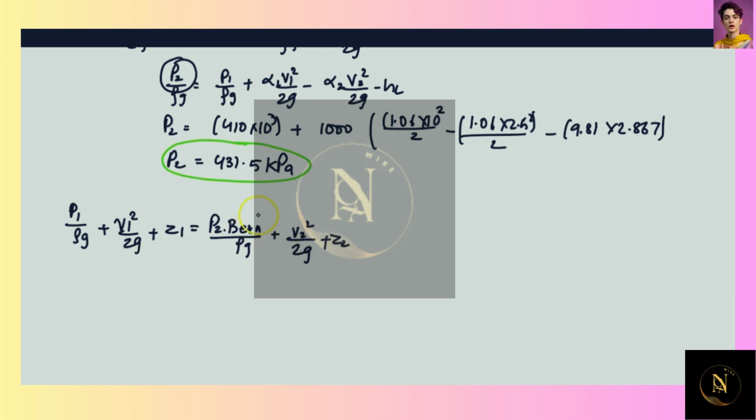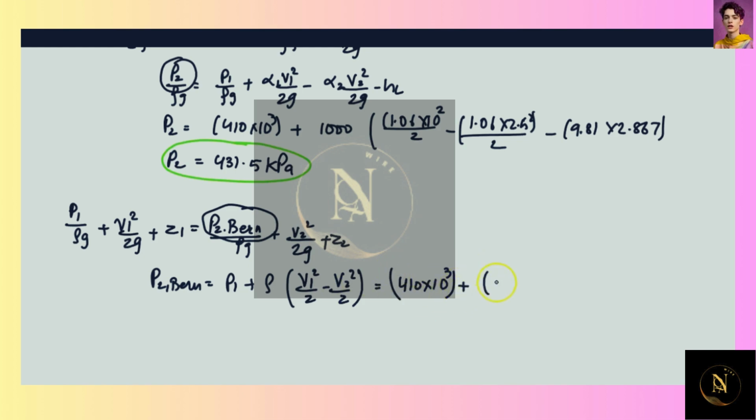We have to find the pressure P2 Bernoulli from here. P2 Bernoulli equals P1 plus rho into (V1 squared by 2 minus V2 squared by 2). Substituting the values, P1 is 410 into 10 raised to the power 3 plus 1000 into (10 squared by 2 minus 2.5 squared by 2). We will solve this expression.